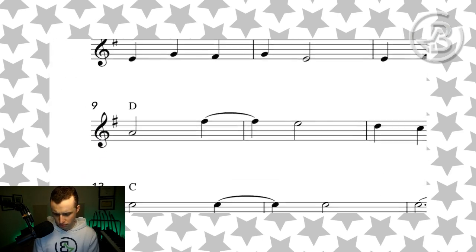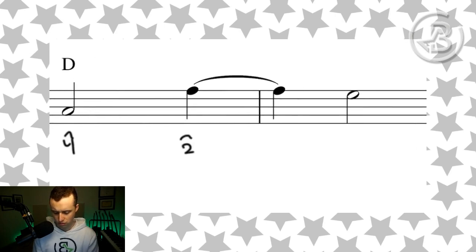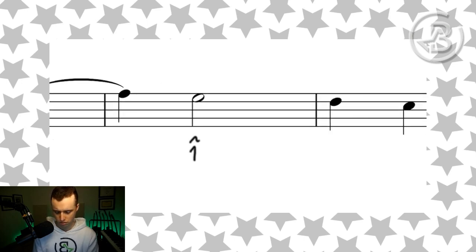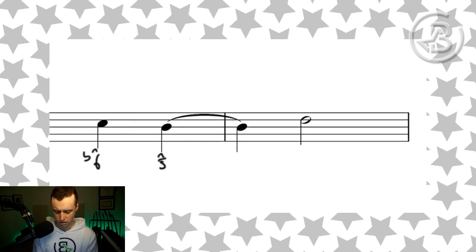We go to measure 9, where we have 4, 2, 1, 7, 6, 5, 7.